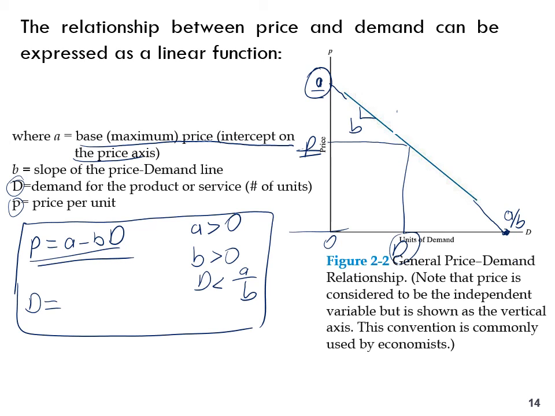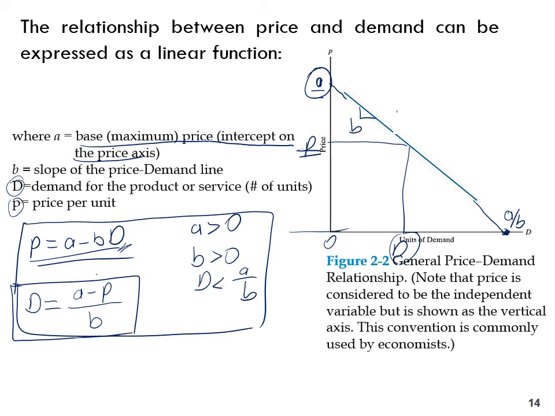In this equation, we leave D alone on one side, and we will obtain P minus A divided by B. So it should be A minus P divided by B. So this is the function of demand with respect to the price.